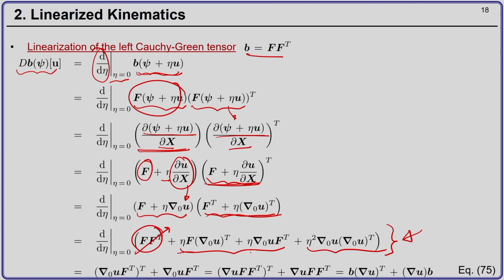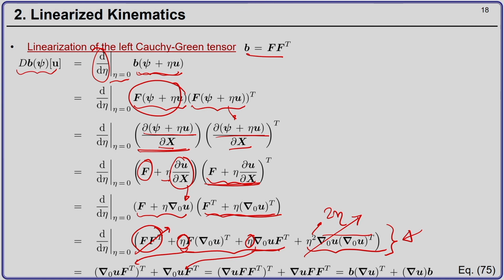The second and the third terms have eta, so del eta by del eta is 1. So, we will have this here. And then the last term will be twice eta times this quantity. And now, when I substitute eta equal to 0, this term also goes away.